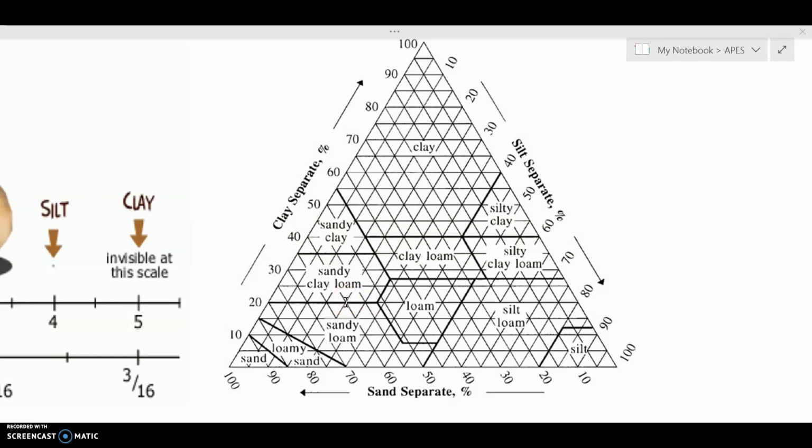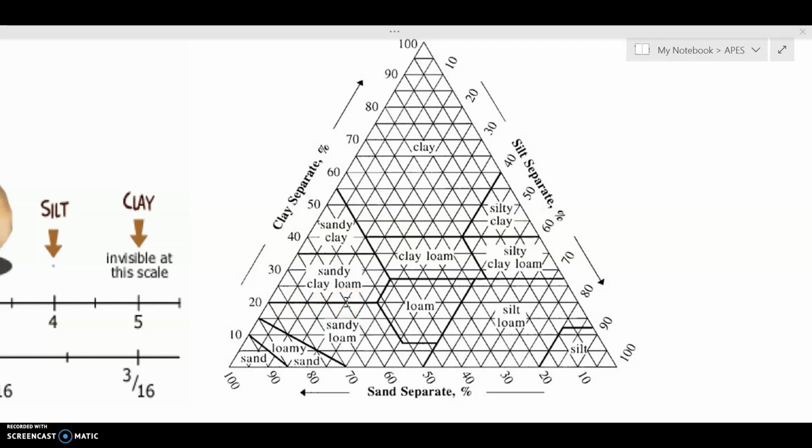Now, if you have two of the soil particle percentages, you can actually find the third without them telling you. All you have to do is add the two and then subtract it from 100. So if we have 60 and 20, we can also look at the diagram. But let's say we don't have access to the diagram.